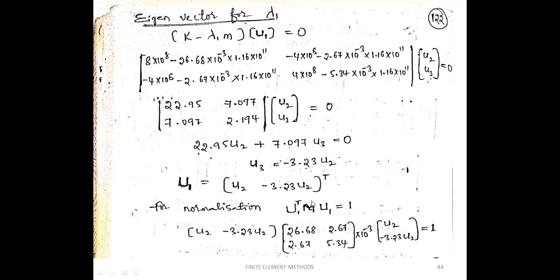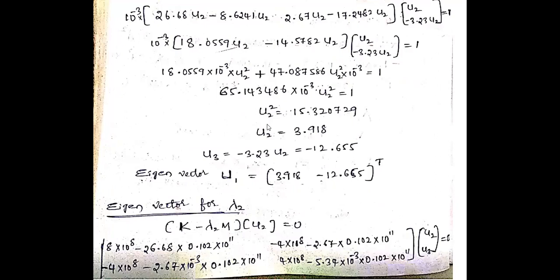So from this, the only unknown is u2, and we got 3.918.